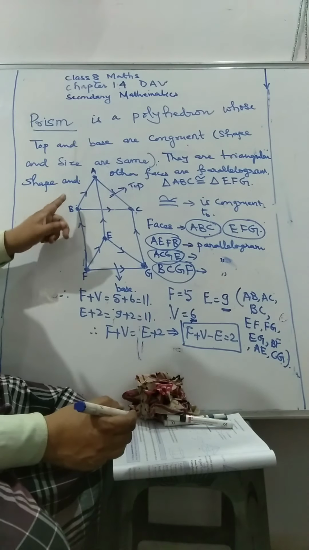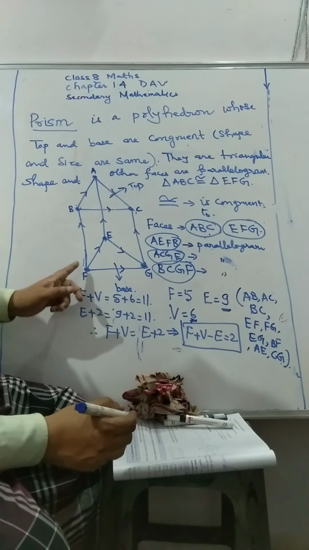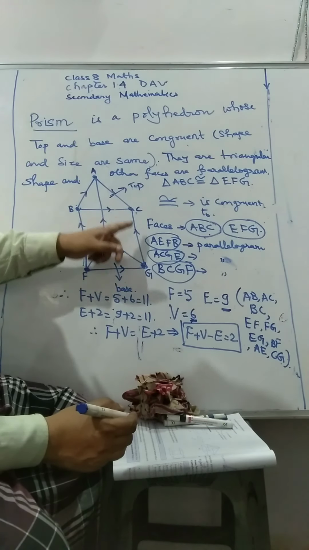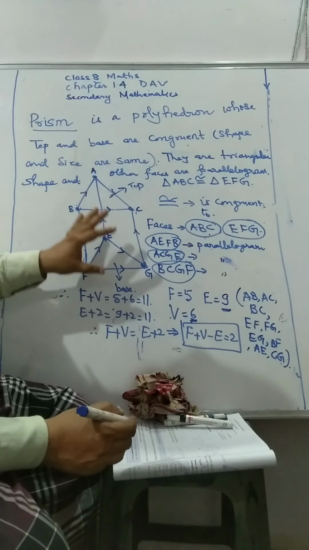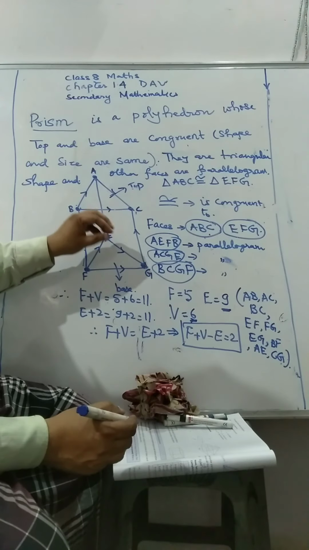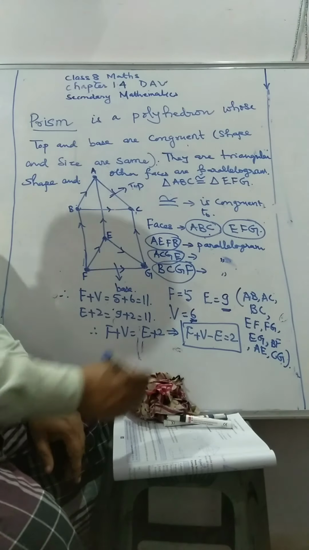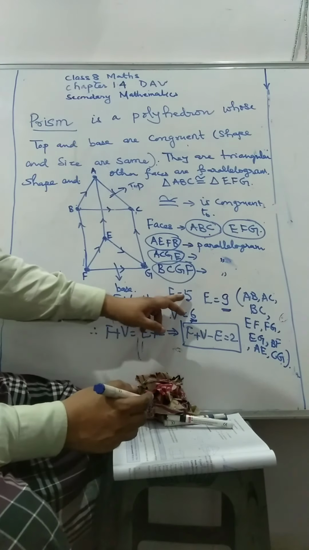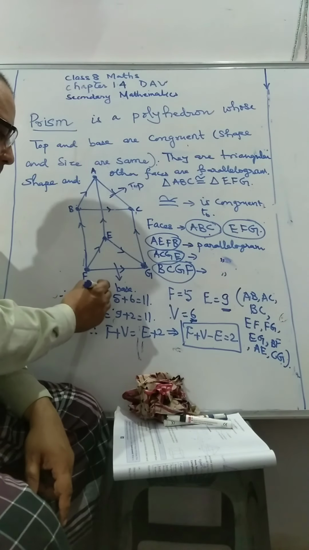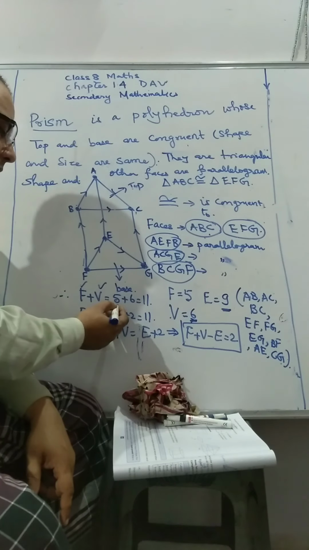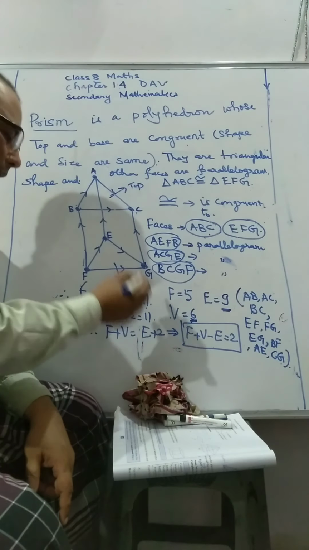Now in the front side, B, C, G, F, it is also a parallelogram. It looks like a rectangle, but every rectangle is a parallelogram. So how many faces are there? 5 faces. If we add the number of faces plus the number of vertices, we get 5 plus 6, this is 11.